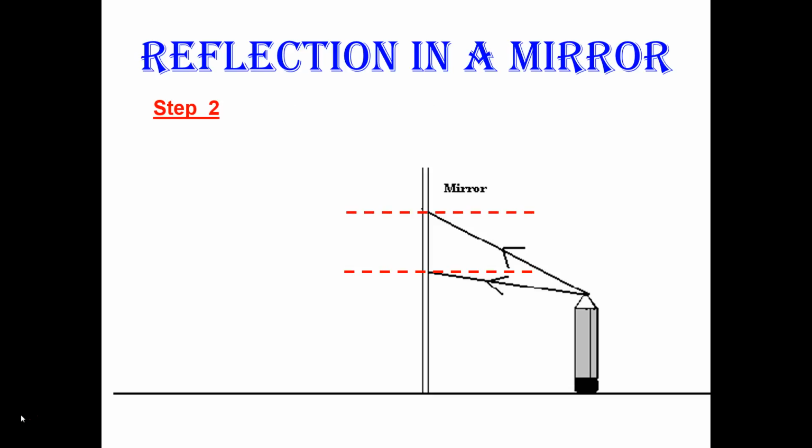Step number 2 is to draw the reflected ray, but make sure that you obey the law of reflection. So the law of reflection, again, is that the angle of incidence must equal the angle of reflection. And those angles are measured against the normal, not against the mirror themselves.